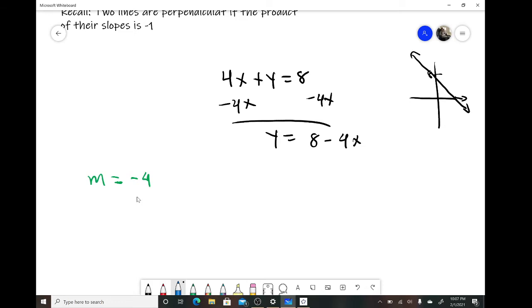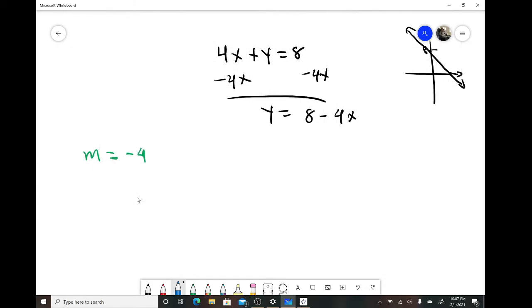So our new slope, the slope that we're going to use for the perpendicular line, I'm going to call it n, for new slope. m is usually the variable that we use for slope, so that's why I'm using n. But n stands for new. So the new slope is going to be a number that when I multiply by this number, I get -1. And what number could that be?